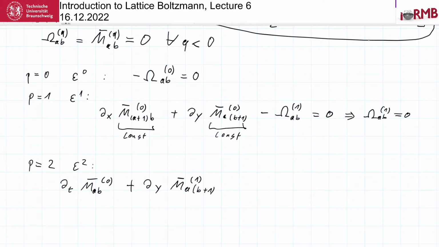I've written the y term first, doesn't matter. So here we subtract one less, so it is the first order, plus dx m a plus 1 and b, and this is first order.